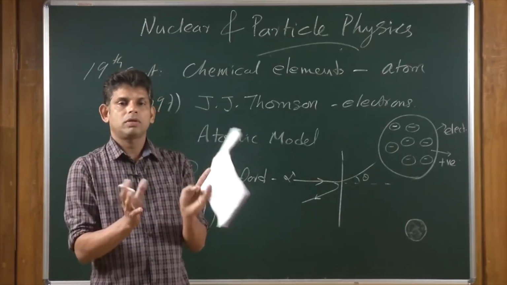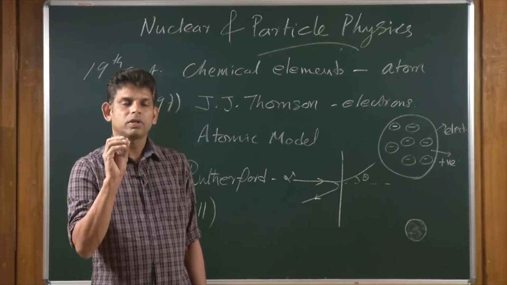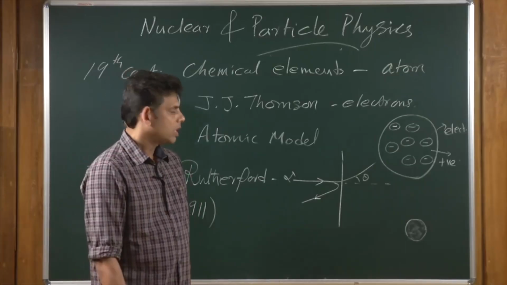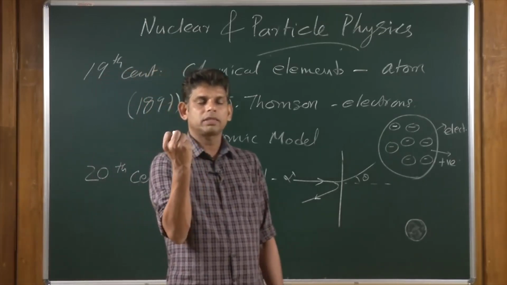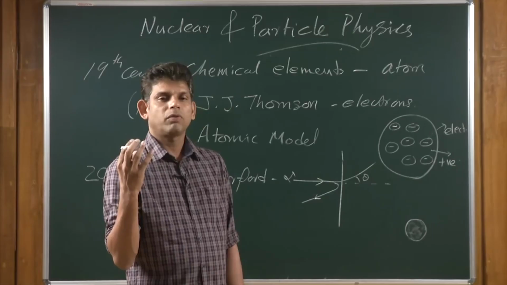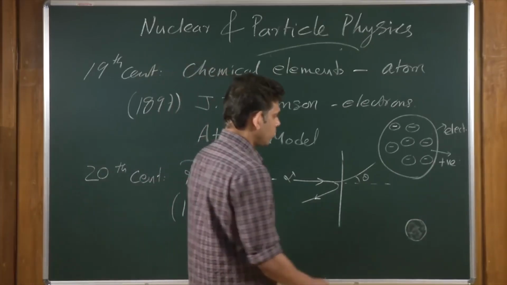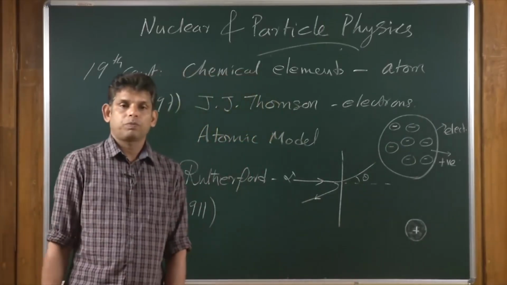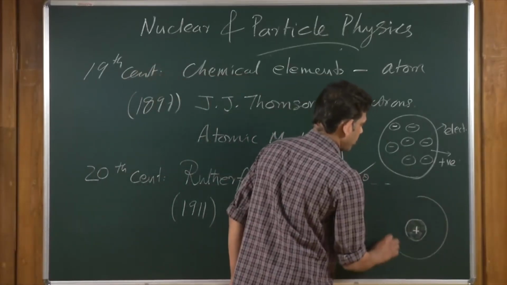So, atom as a whole has a small, much smaller than the atom itself, tiny core inside it, which contains all positive charge. So, the concentration or the density of the positive charge in that atom is very large in that small core. Outside there is no positive charge. So, you have a positively charged core, and he said electrons are not in that or anything, they are moving around.